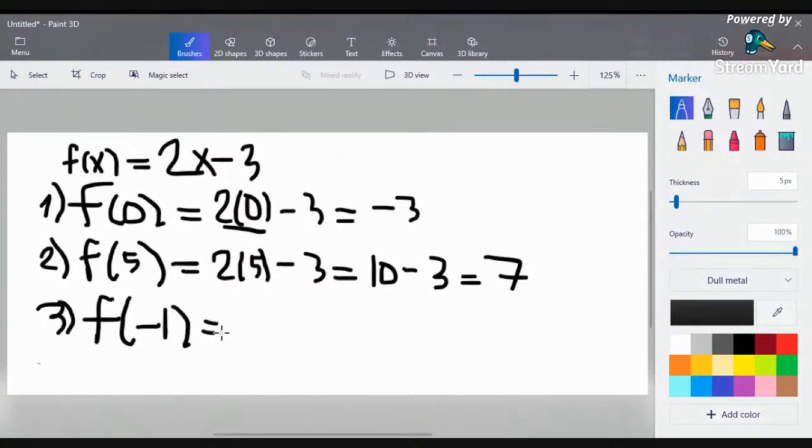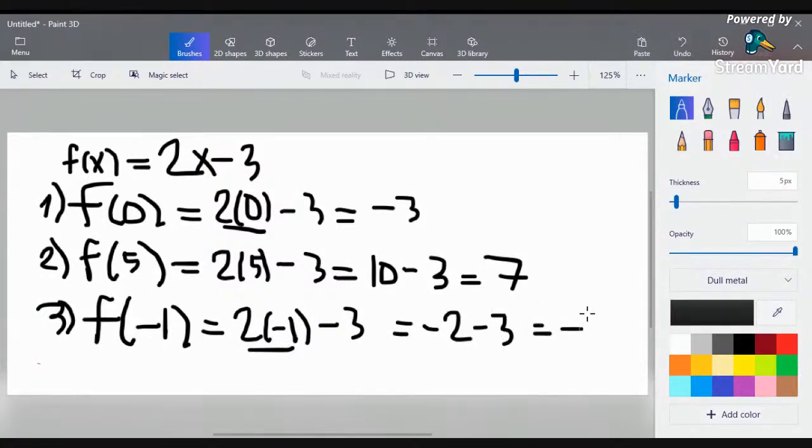All you have to do is substitute x with negative 1. So instead of 2x, we have 2 times negative 1 minus 3. So 2 times negative 1, the answer is negative 2, minus 3. So therefore, your final answer on this number is negative 5.